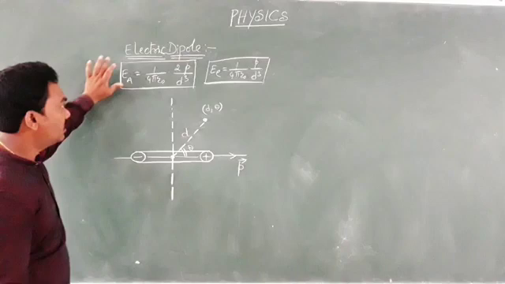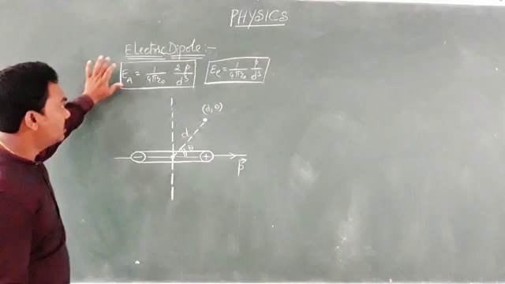Your particular point P falls on the axis of the dipole of moment P cos theta, but this will be the equatorial line for the dipole of P sin theta. That's why this point P falls on the equatorial line of P sin theta.